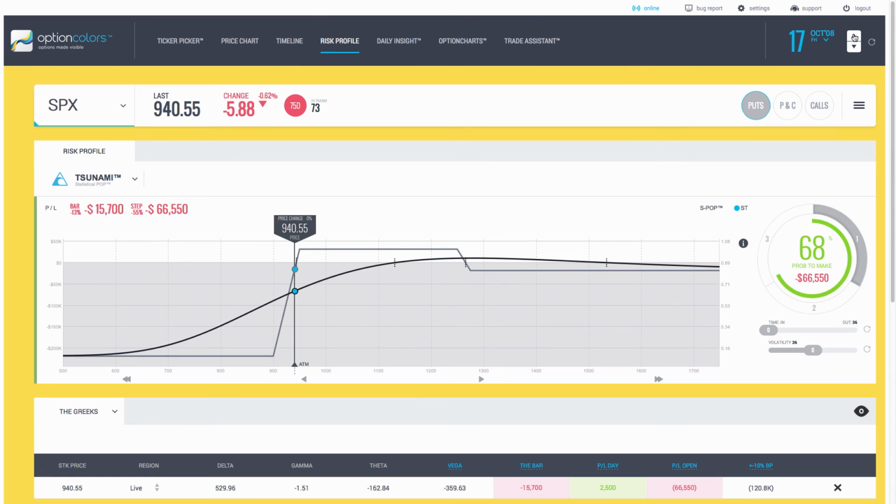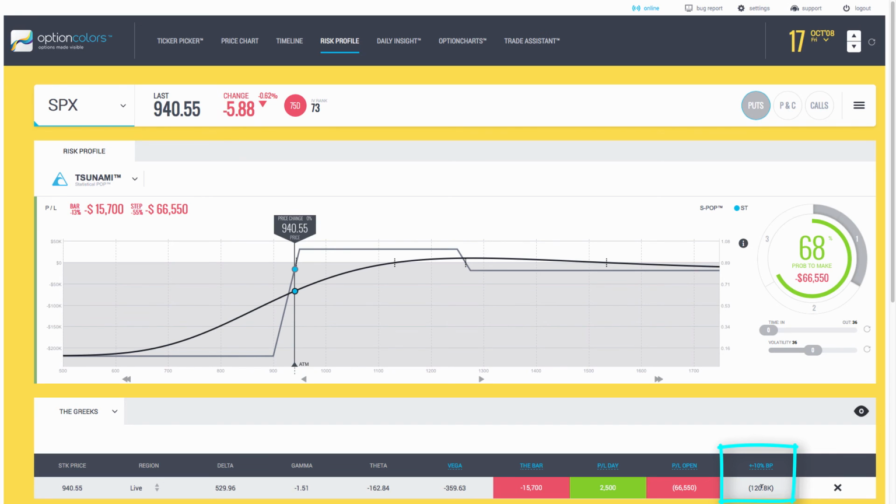Fast forward a little bit more. SPX moves up. But even though we're approaching the body of the trade, there's still significant drawdown there of 66,000, and your margin's still 120,000. So with this sharp of an increase in margin requirements, most likely you would have to exit the trade, size down, you'll have a margin call, and so on.